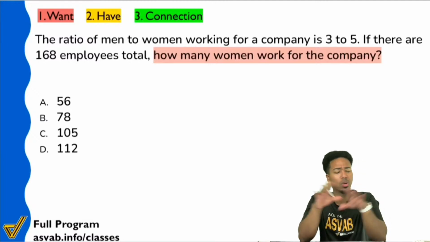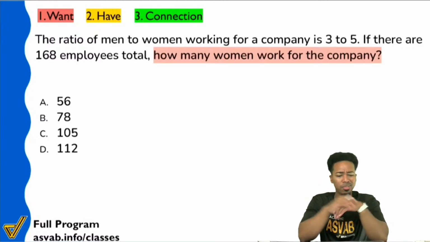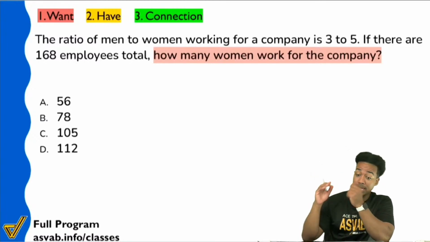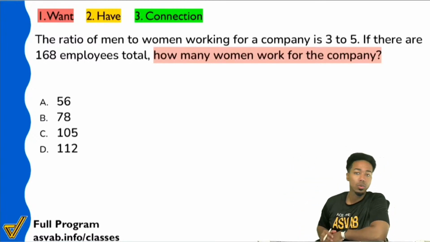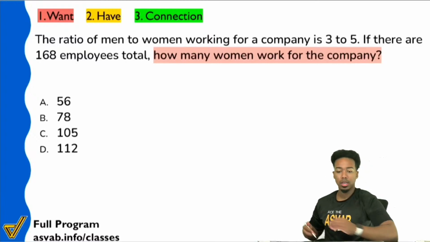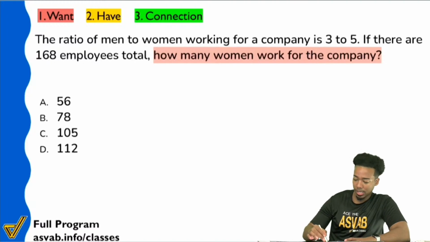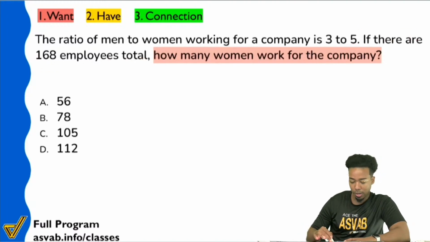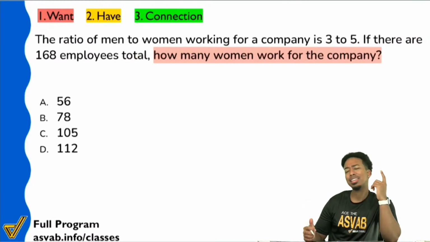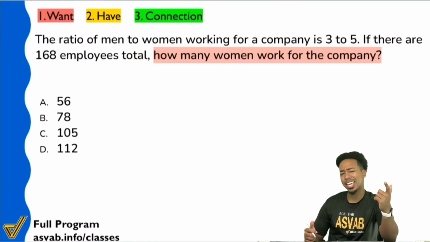Yeah, so before we get the whole total part involved, let's just start with the basics. What are we looking for? It says, how many women work at this company? Okay, cool. Beyond that, it's in the same sentence as if there are 168 employees total. So we're looking for the number of women, and they gave you 168.